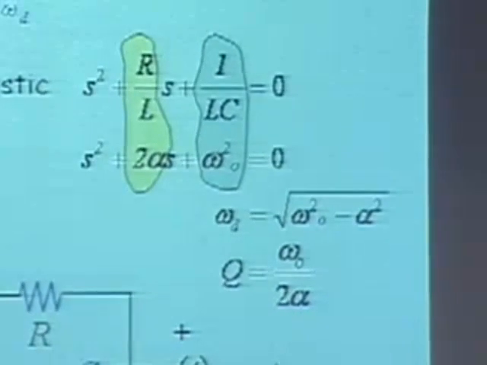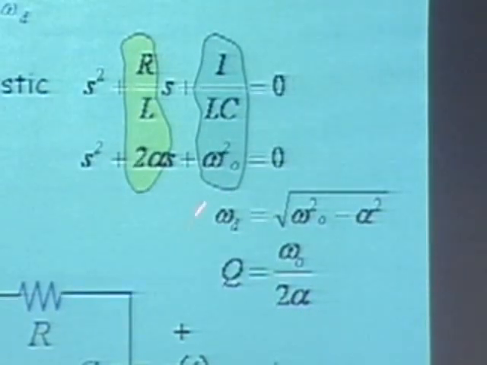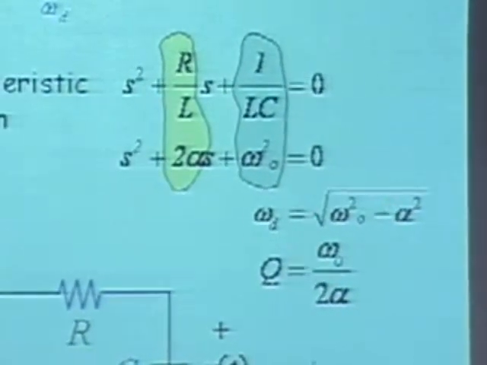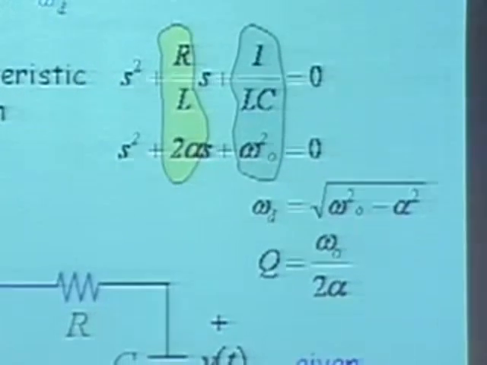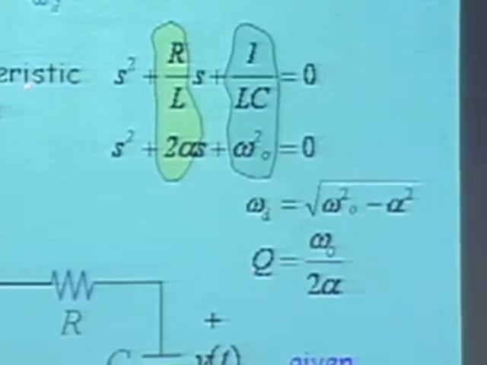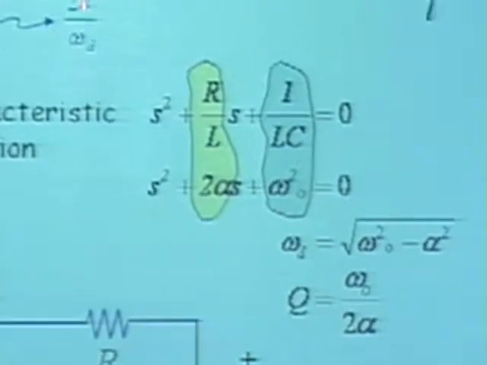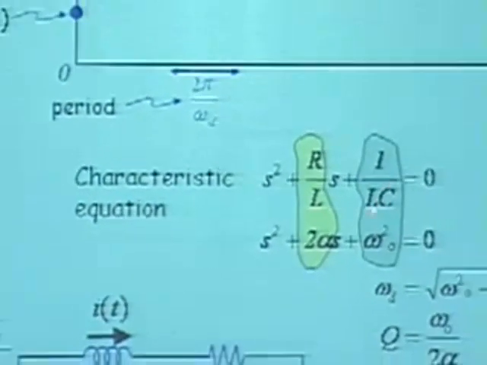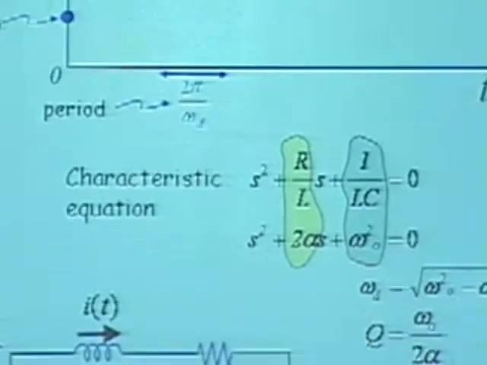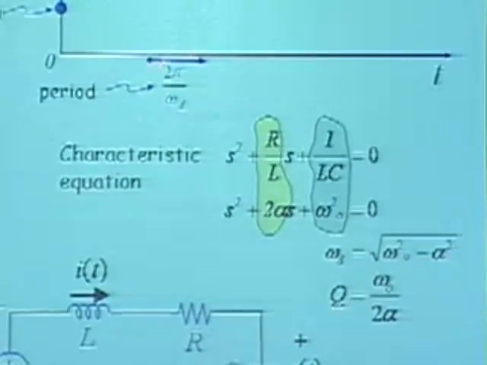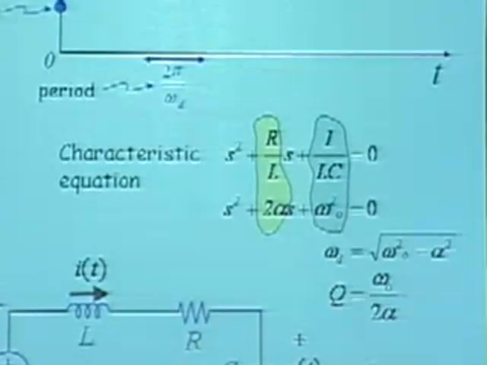And it's a common case for an underdamped circuit that omega d will more or less be equal to omega naught. So this frequency is governed by LC, and if R is large, it's governed by this value, omega d here. So I have the frequency of oscillation.